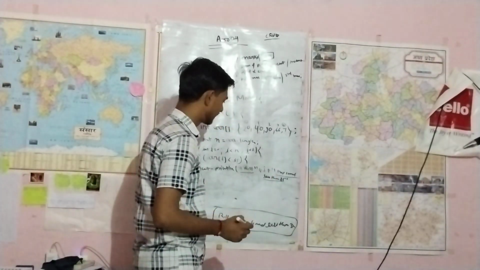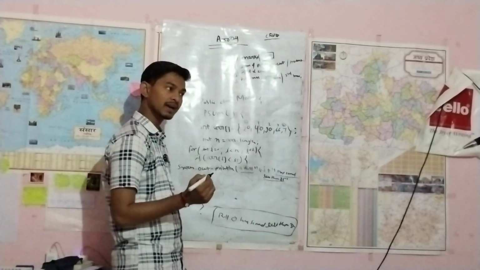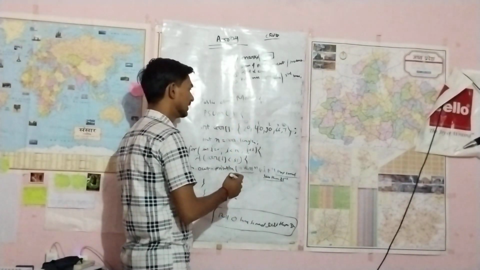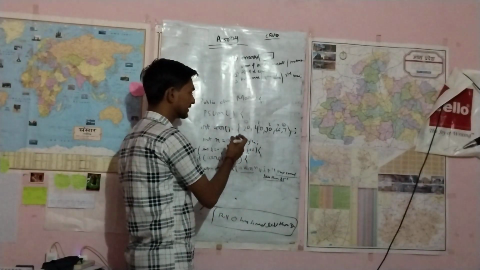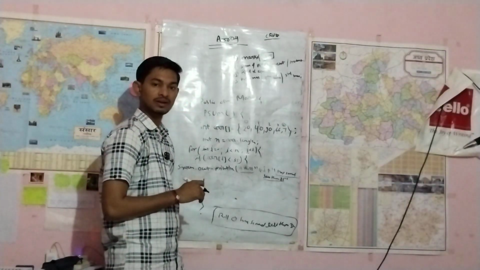So that we can write the updated value. So you are clearly seeing here that number 0 and 4th have scored less than 35.